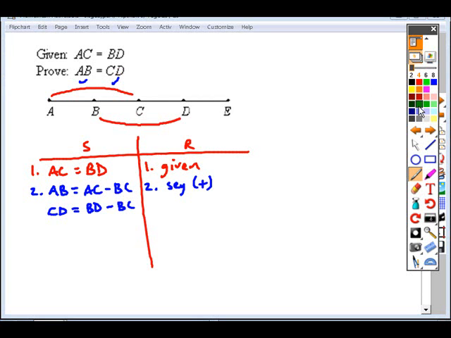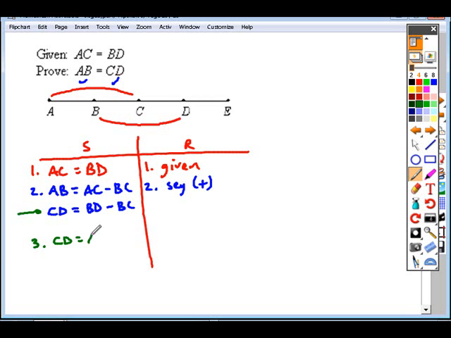Okay. Once you get to this point, now you're looking to do one of two things. And here's where, again, it can go one of two directions. One possibility is we can transform one of our statements in step 2 so that it's nearly identical to the other. Okay, so what I'm going to do is take this statement, CD is equal to, but instead of writing BD, I can make it similar to the statement for AB by replacing BD with its equivalent.